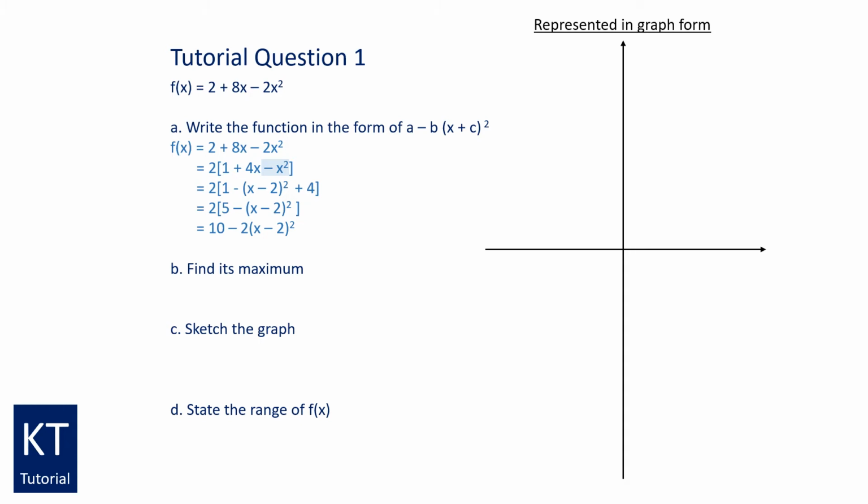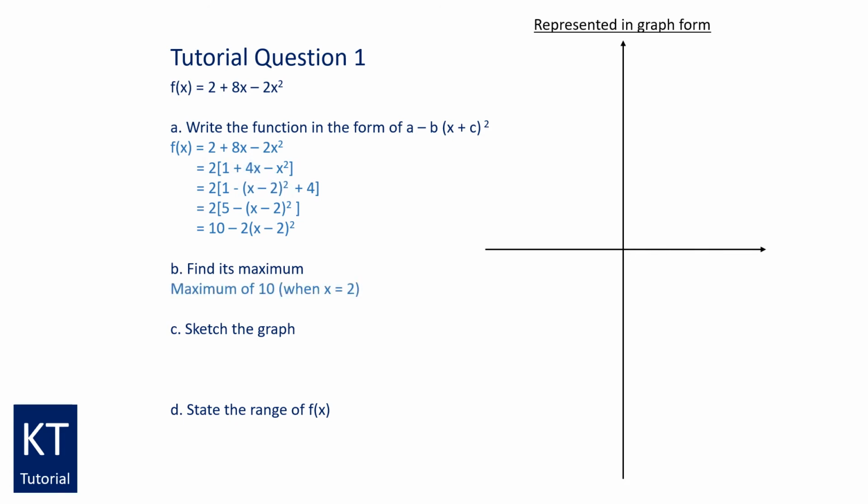Subsequent to this is to identify the (x minus 2) squared component that would replace the minus x squared plus 4x component, and further simplifying this to arrive at the required form.